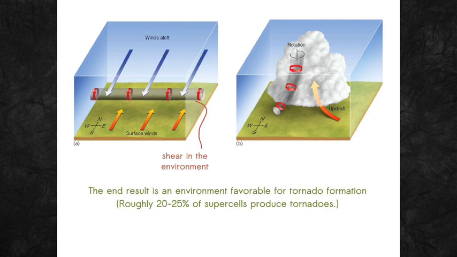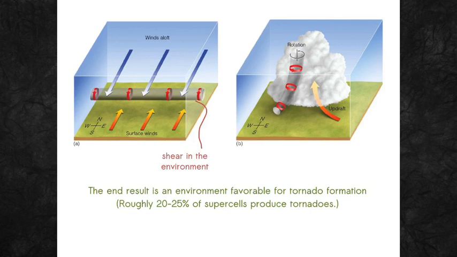So the end result of that is an updraft that's rotating. It's called the mesocyclone. And that rotating updraft is an environment that's favorable for the production of tornadoes, in particular stronger tornadoes. That said, I should note that really this isn't an explanation in itself for tornadoes.